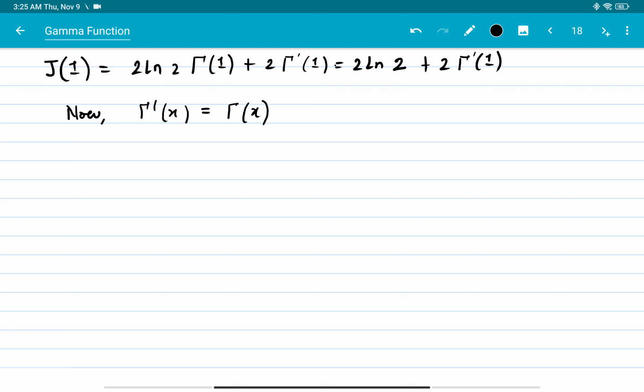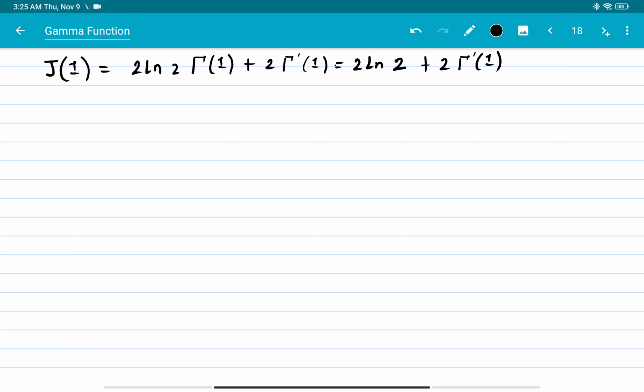So gamma x, and this is minus, this will be derived from a. So you can assume that. One more thing I forgot to provide you, that is here in this problem.